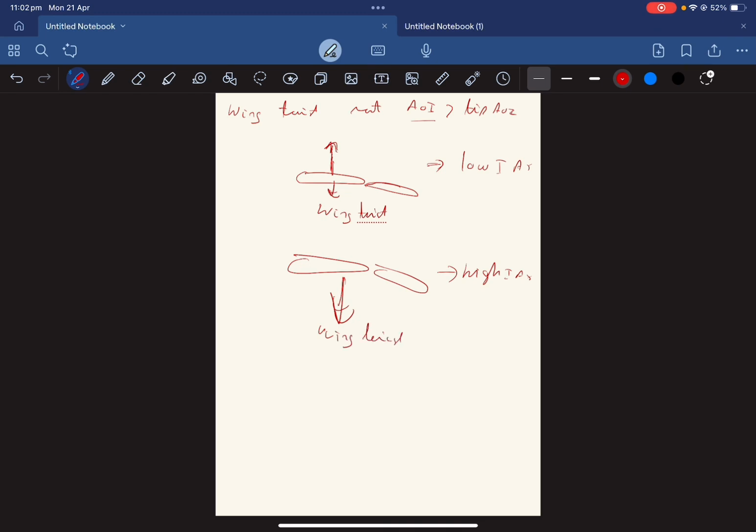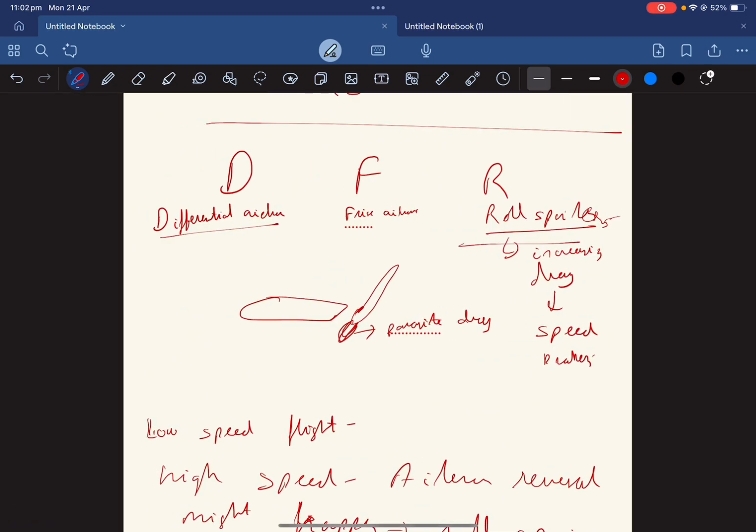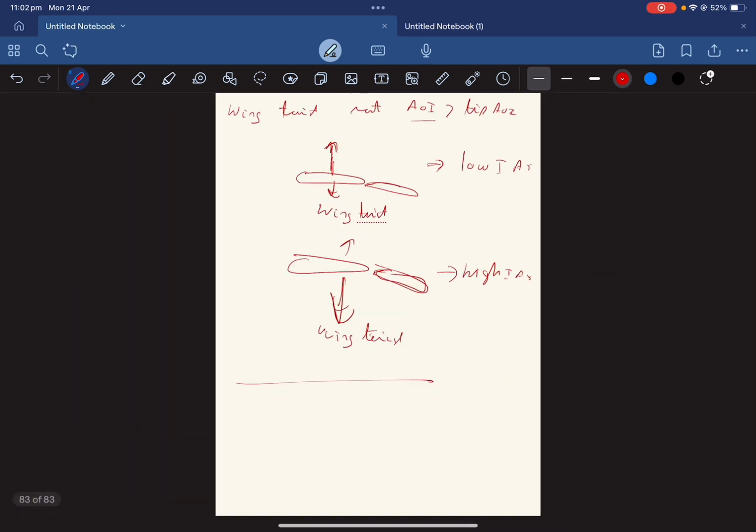At high speed, the force from wing twist is so much that it's more than the force that you get from the lift being generated by the control surface. So due to this, the aircraft is no longer rolling in the direction the pilot wants it to, but in the opposite direction. So that's why we use roll spoilers at high speeds. I hope that makes sense.